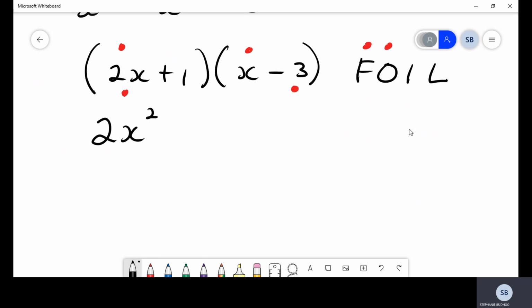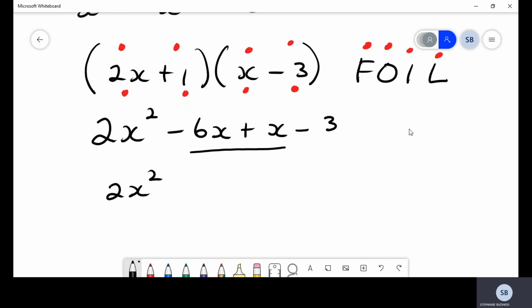We'll multiply them to get minus 6x. Next up, we have our inner terms, positive 1 being multiplied by x. That gives us plus 1x, or just plus x. Finally, our last terms, positive 1 multiplied by negative 3, give us negative 3. Our middle two terms are going to simplify: minus 6x plus x gives us minus 5x. And we bring down our minus 3.